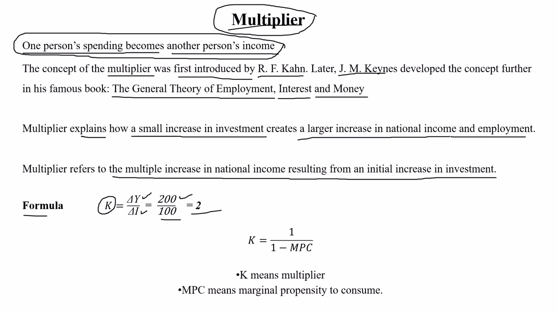The multiplier depends on MPC, the marginal propensity to consume. Another formula which includes MPC is K equals 1 upon 1 minus MPC. These are the concept of the multiplier and its equations.